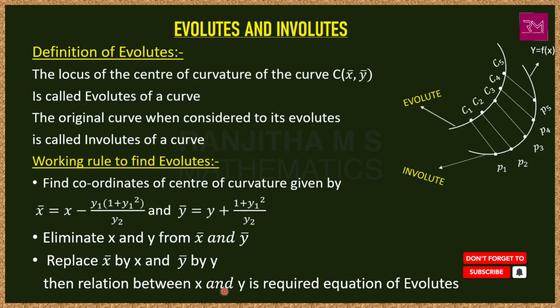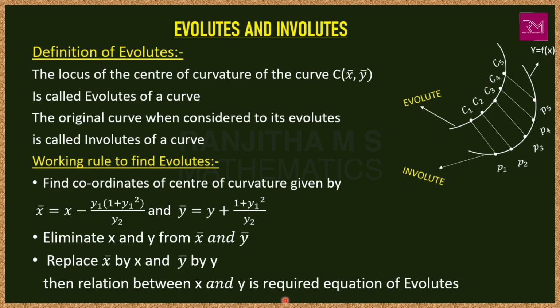Then the relation between x and y is the required equation of the evolute. Here, what's the first step? We have to find the coordinates of the center of curvature first, that is x bar and y bar. After finding x bar and y bar, we have to eliminate the x and y terms in x bar and y bar and form an equation. In that equation, finally we have to replace x bar by x and y bar by y. Then the equation is nothing but the evolute of a curve.